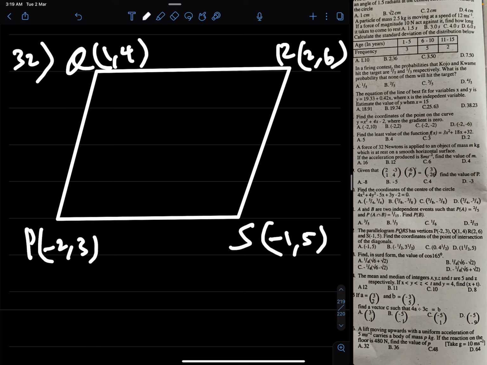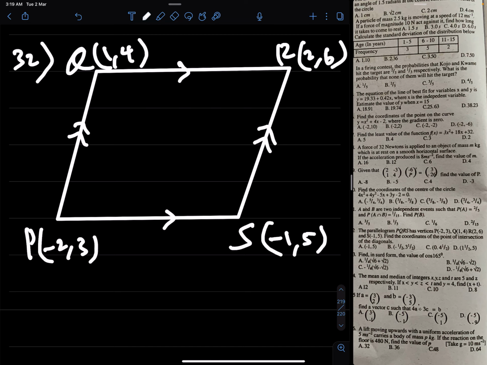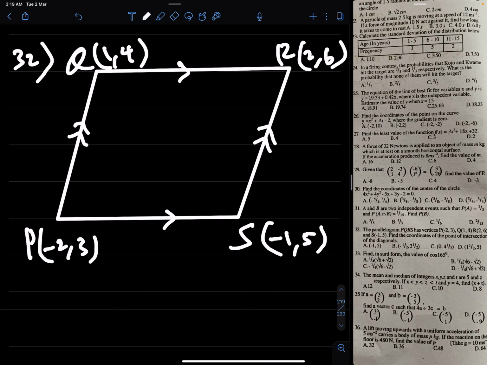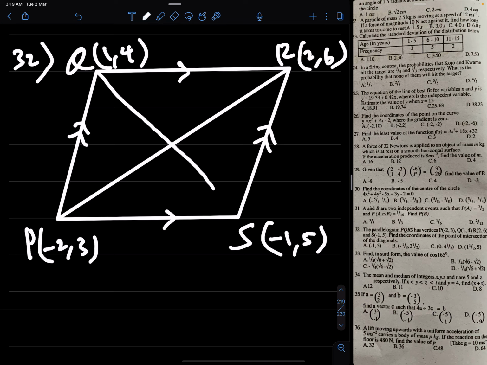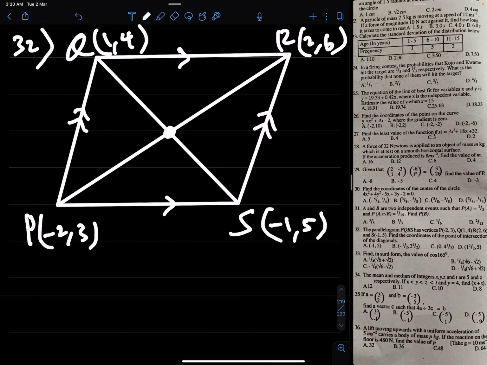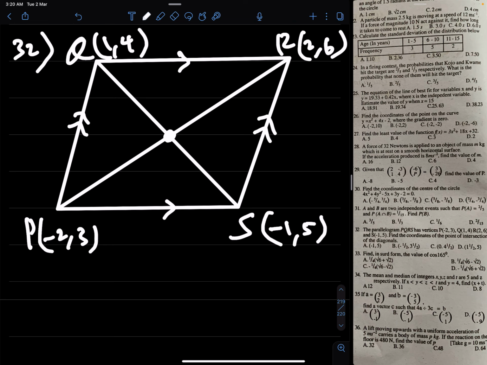Now, of course, we know in a parallelogram this is parallel to this, and this is parallel to this. So find the coordinates of the point of intersection of their diagonals. These are their diagonals. If they intersect here, of course that point of intersection is the midpoint of each of the diagonals.